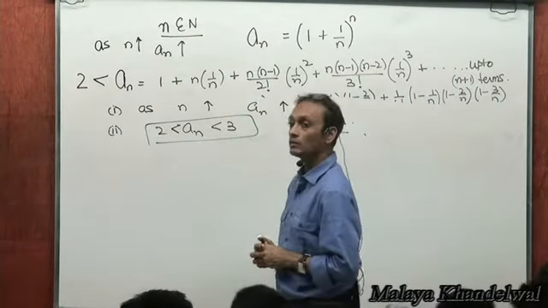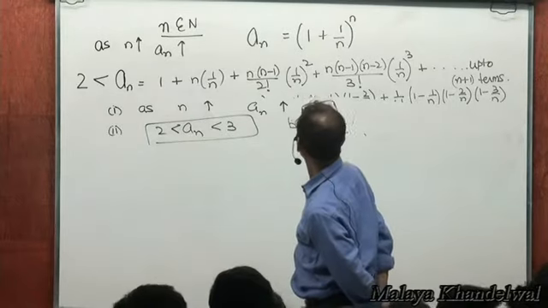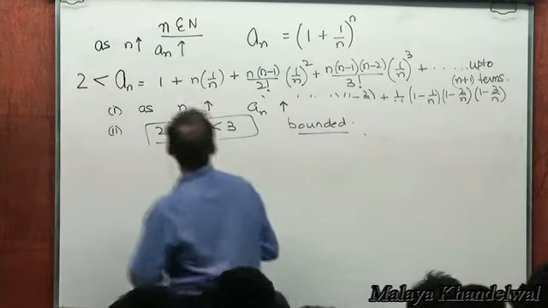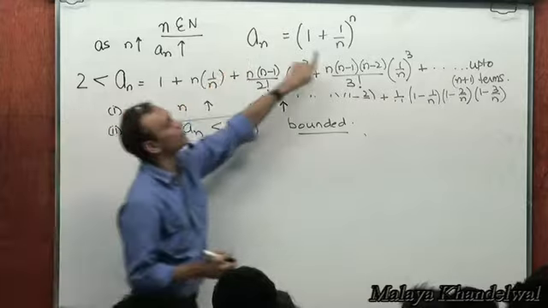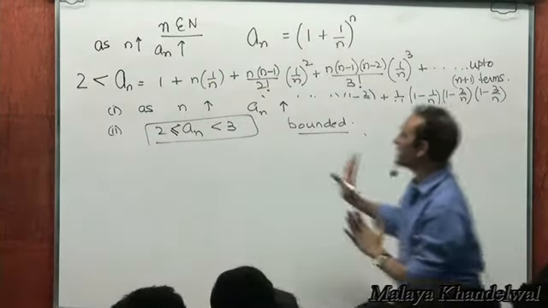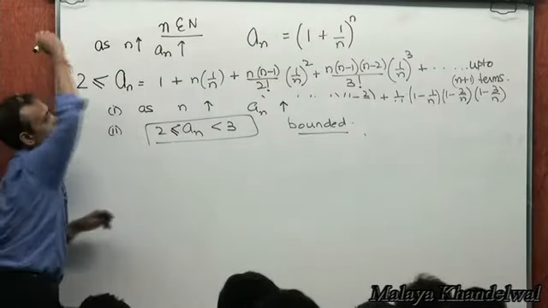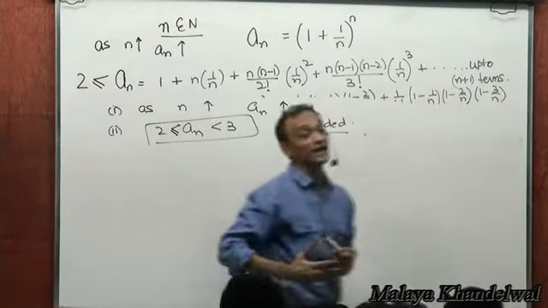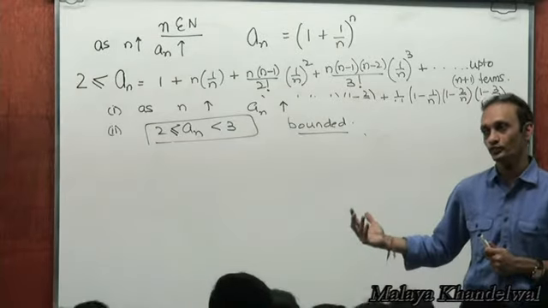Because when you have, for example, 1 plus 1 by 1 to the power 1, it's equal to 2, right? Yes, oh, you mean to say this could be equal to 2. Yeah, for n equal to 1, what he's saying is it would be equal to 2. Yeah, absolutely. An is greater than or equal to 2, it could be equal to 2, but less than 3. Never goes past 3. In fact, it never becomes equal to 3 also.